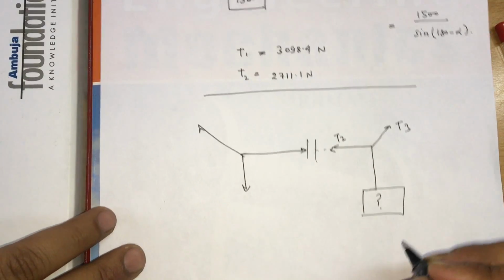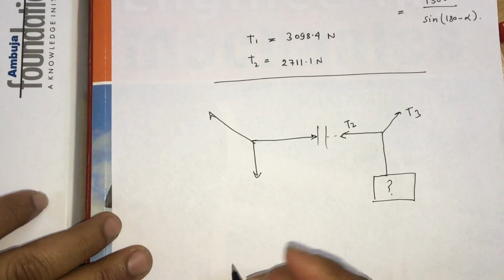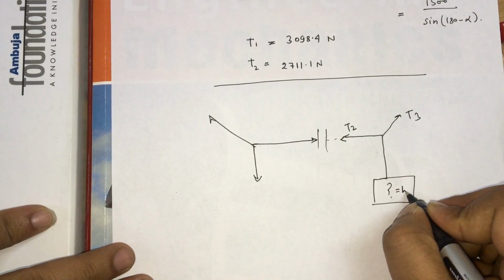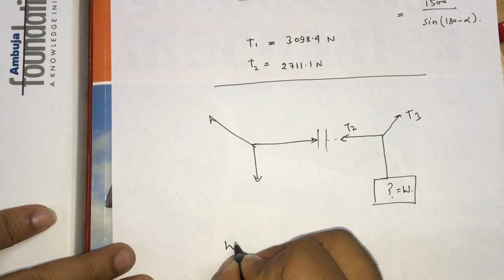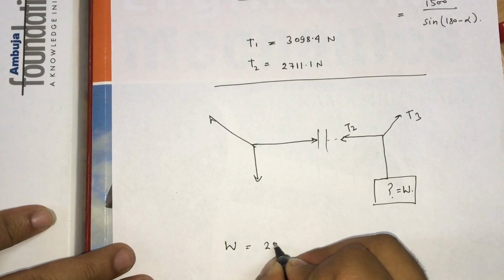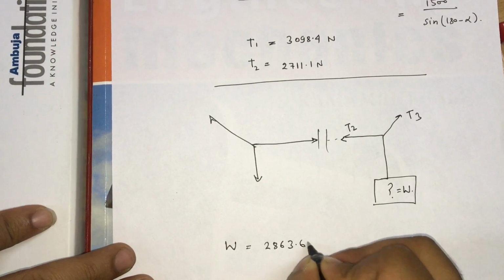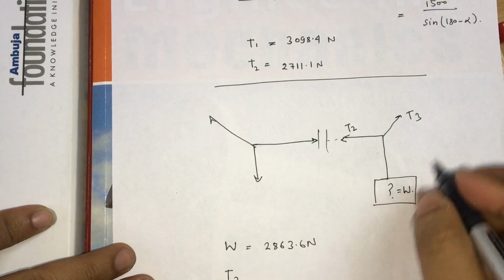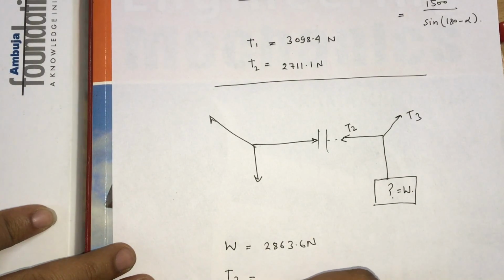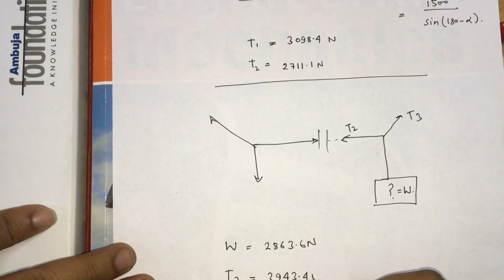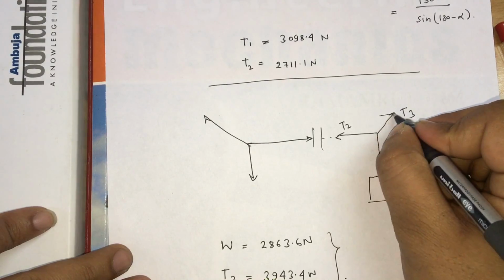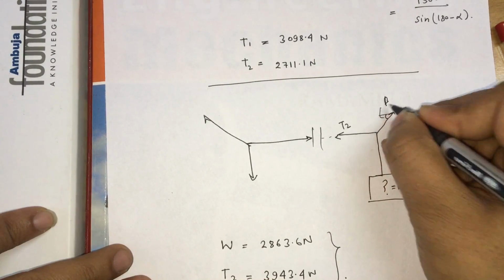Now simply the value of, I write here, the answer you have to solve by yourself. So W is the answer as 2863.6 Newton, and T2 or T3 is 3943.4 Newton.